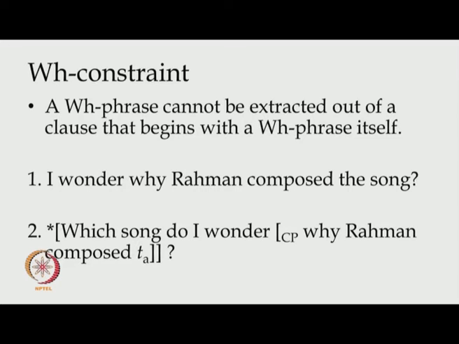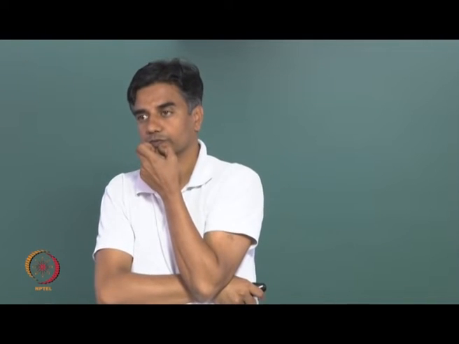I wonder why Rahman composed the song. See this thing? Now, this clause begins with a WH element itself. Therefore, an extraction of another element out of this clause is not allowed. And here specifically we are talking about English.